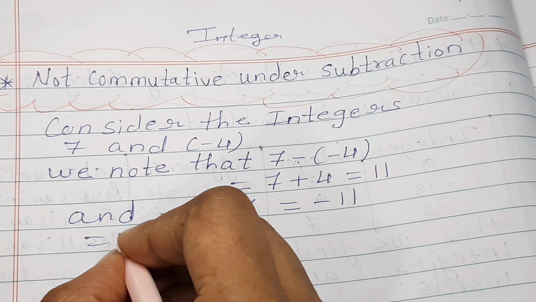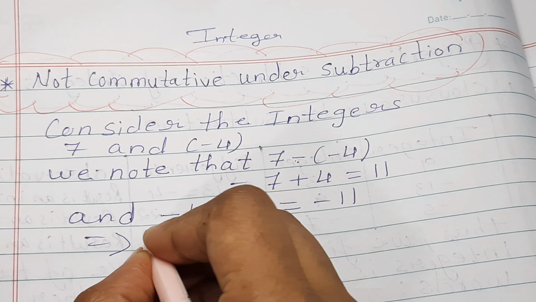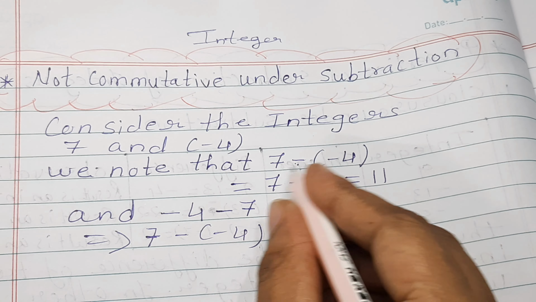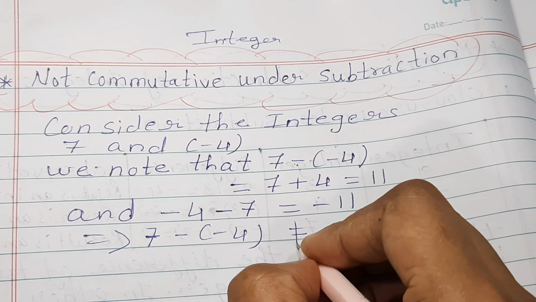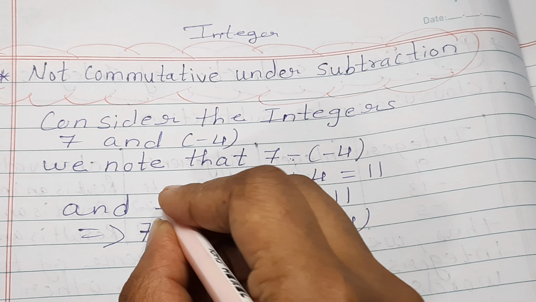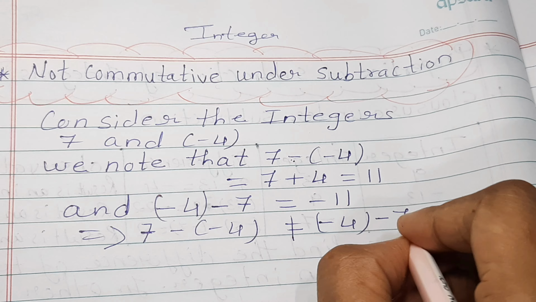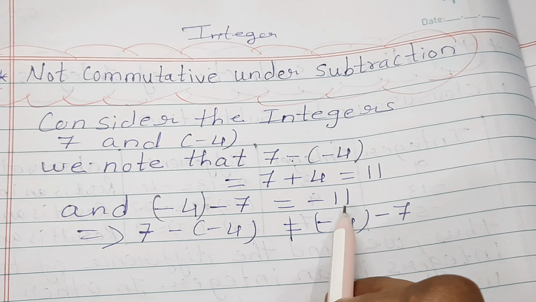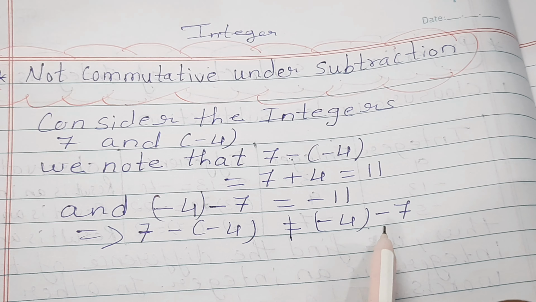So this implies that 7 minus minus 4 is not equal to minus 4 minus 7. They are not equal because I am getting positive and negative here.